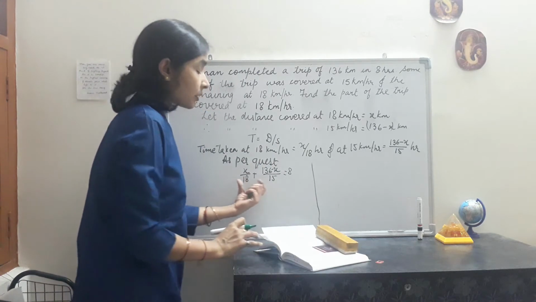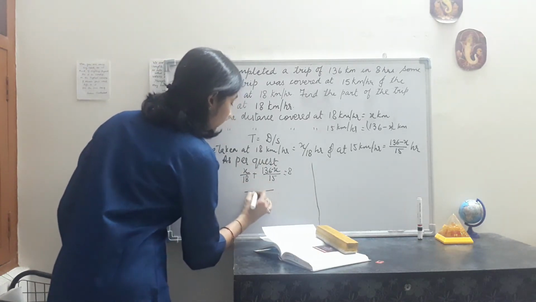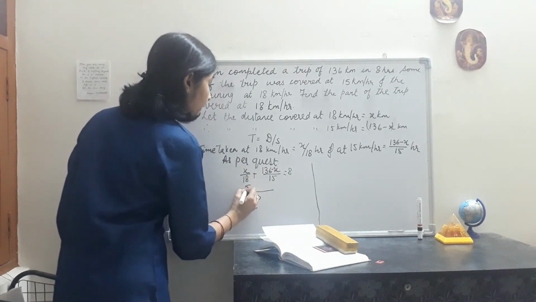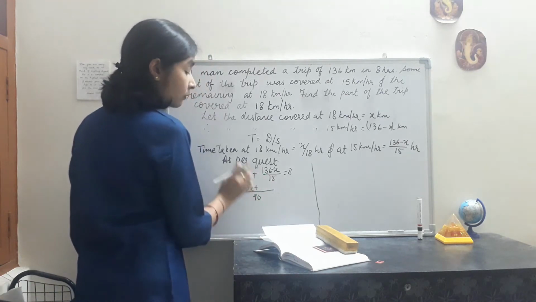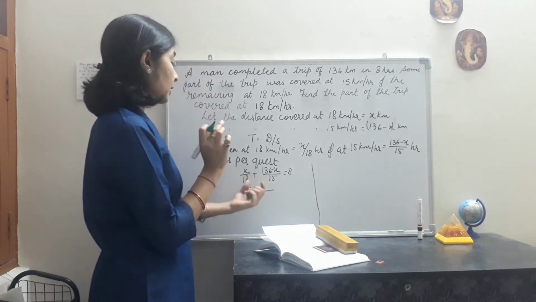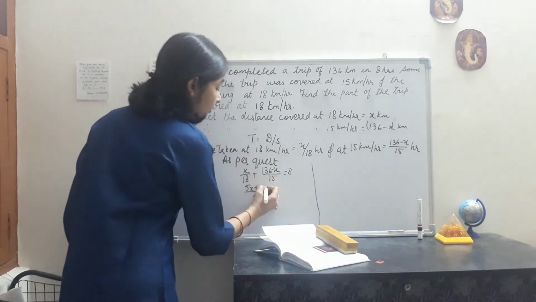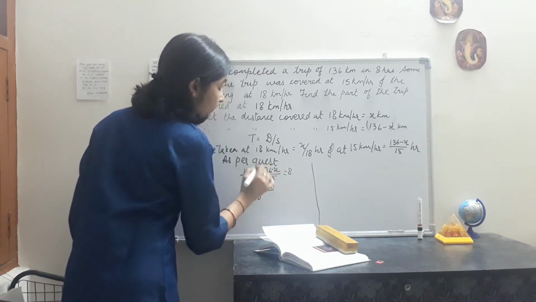Now taking the LCM of 18 and 15, which is 90. So 18 into 5 is 90, so here we get 5x plus, now 15 into 6 is 90, so we are supposed to multiply this whole thing by 6. So 6 6s are 36, 6 3s are 18, 19, 20, 21, and 6 1s are 6, 7, 8.